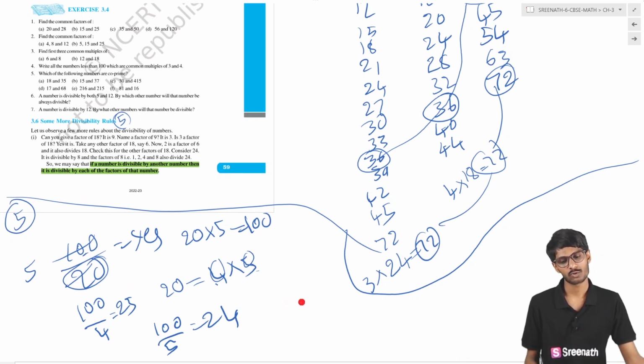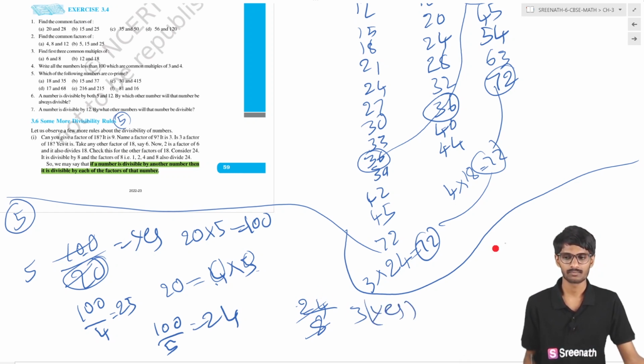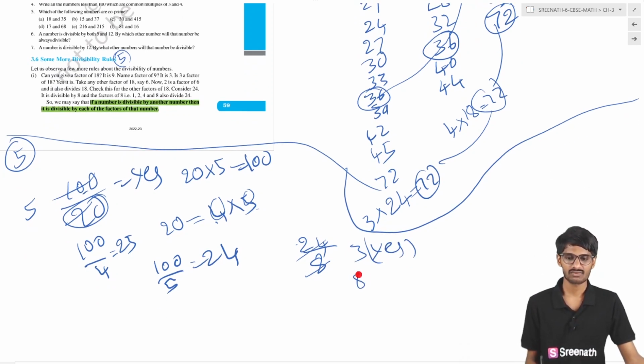Another thing is, let me see an example. Suppose 24, which we divide by 8. 8 3s are 24, so it is divisible. Now what are the factors of 8? The factors of 8 are 1, 2, 4, 8.